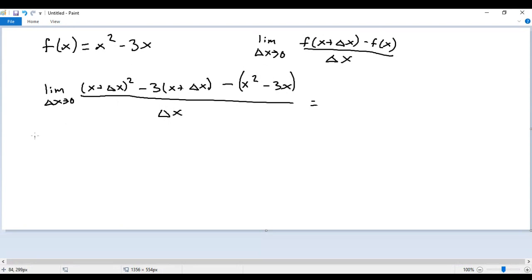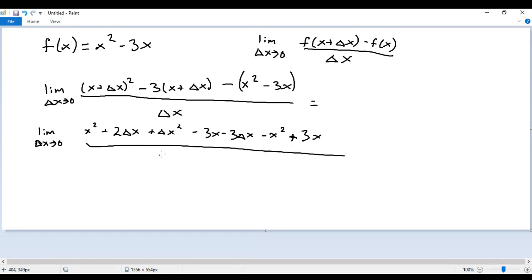So then, if we went ahead and distributed, x plus delta x squared is going to be x squared plus 2x delta x plus delta x squared minus 3x minus 3 delta x minus x squared minus 3x plus 3x, all over that delta x.